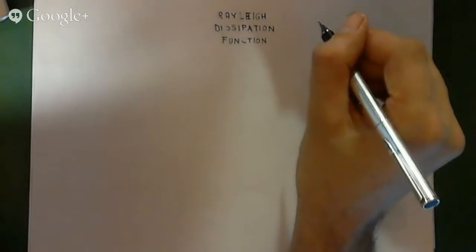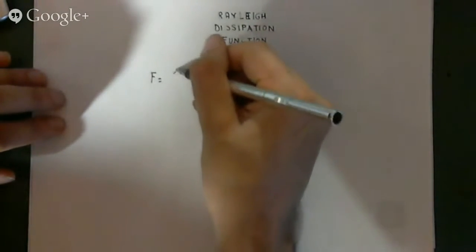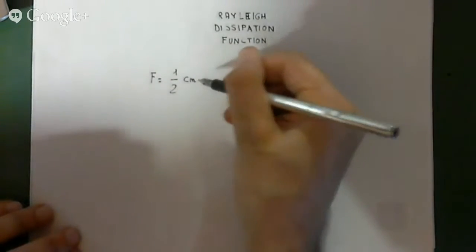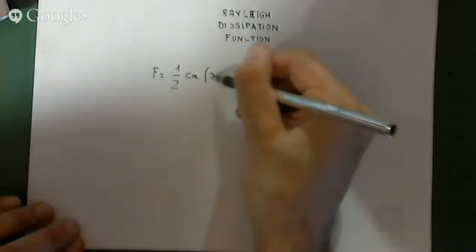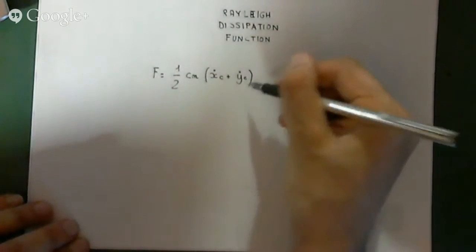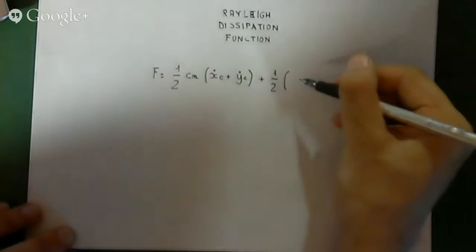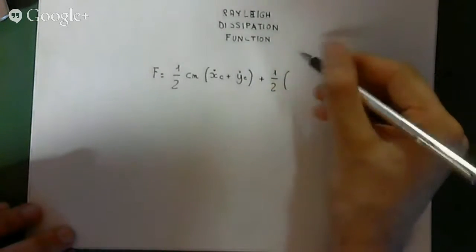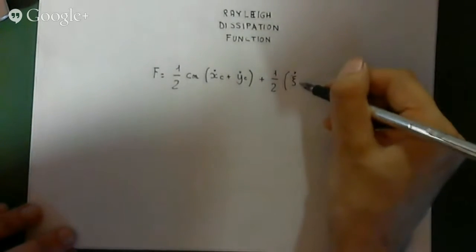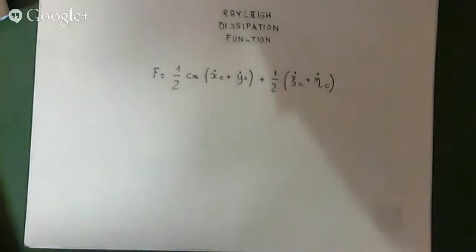Its expression is F equal to 1/2 of the non-rotating part proportional to Cn, times x point C squared plus y point C squared, plus the rotational part in the rotational reference frame, whose coordinates are xi point C and eta point C.